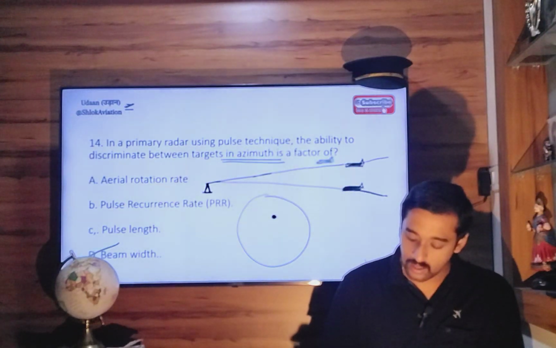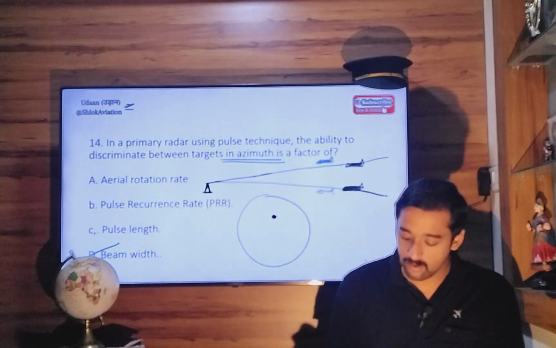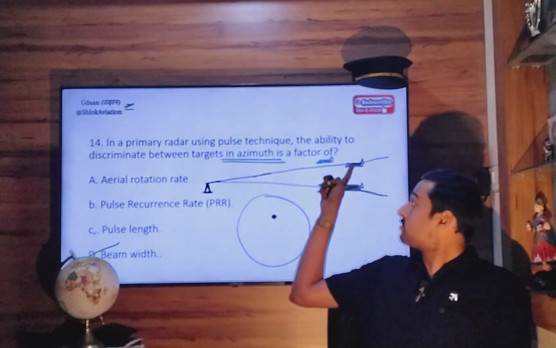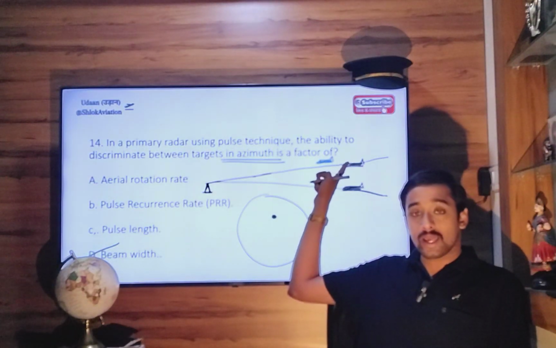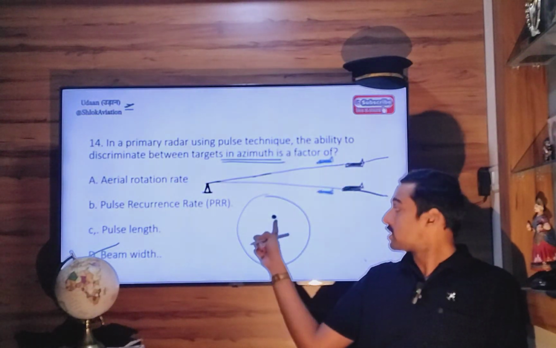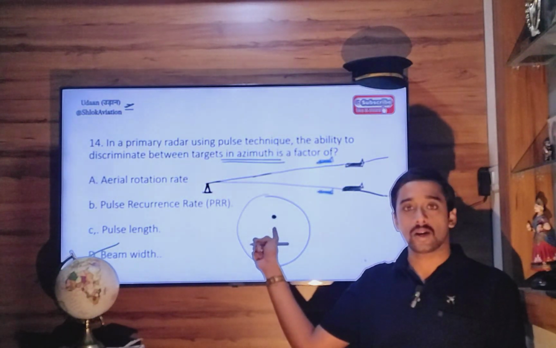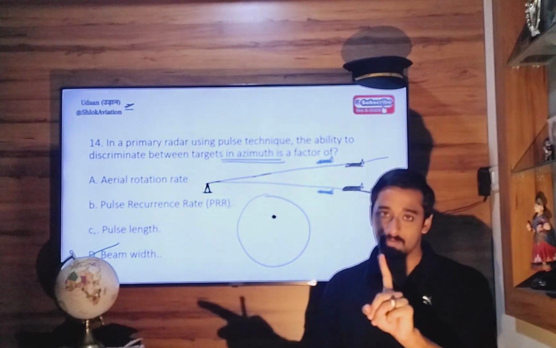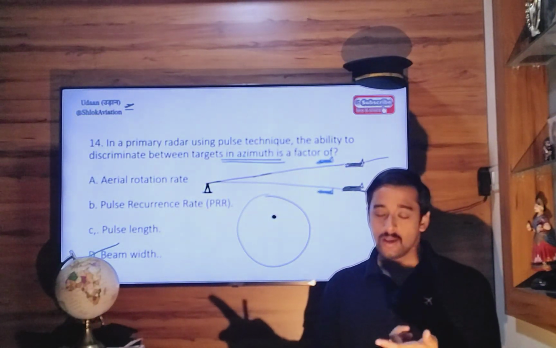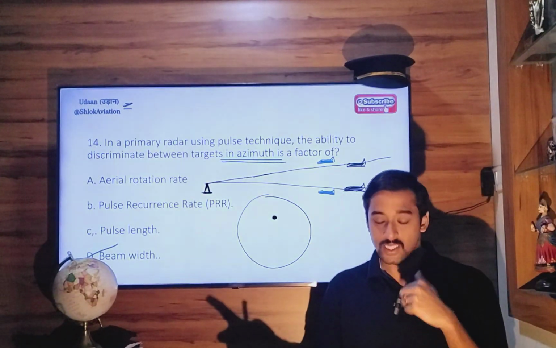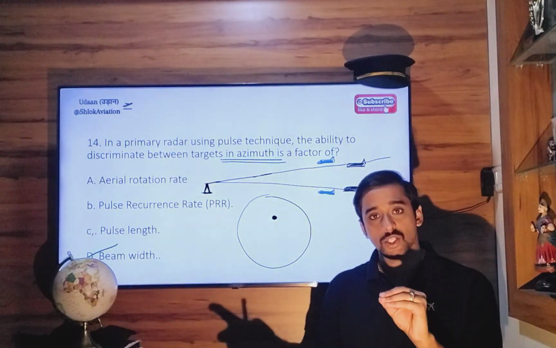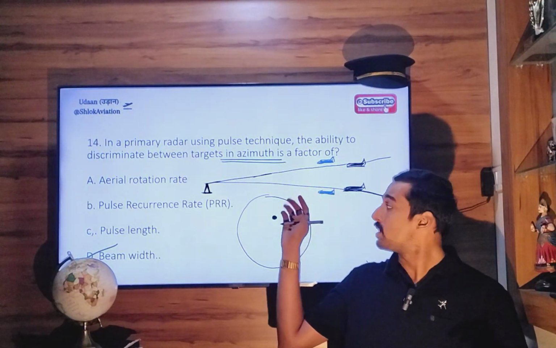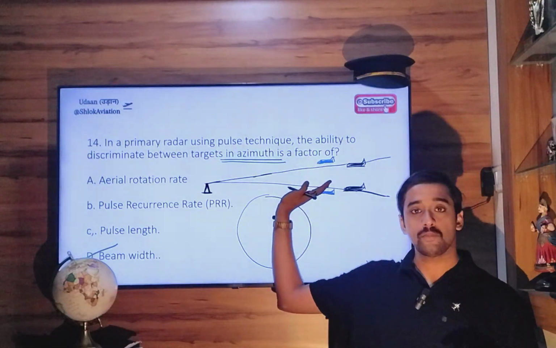If they are located on or inside the beam width, the indication on the ATC radar controller will appear as one target, which is not right. So in order to get resolution, meaning proper differentiation between these two aircraft, they must be outside the beam width.